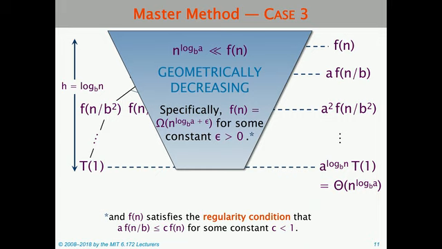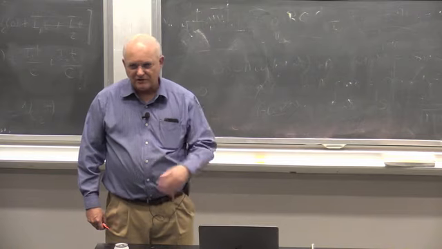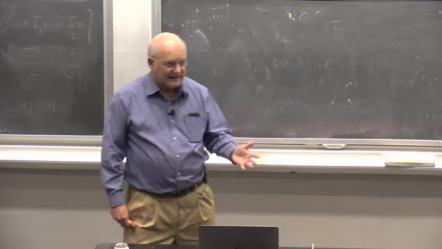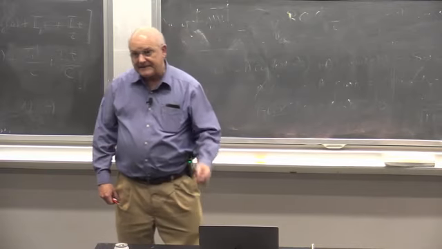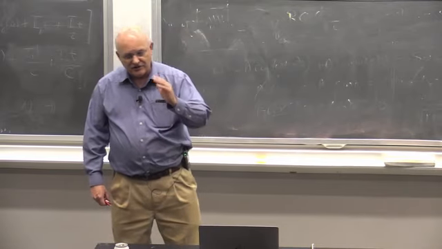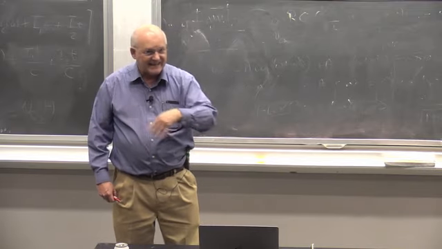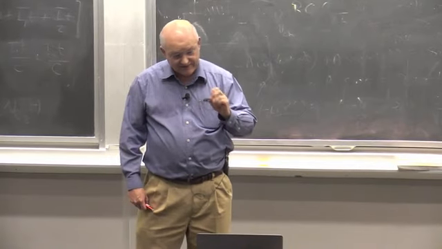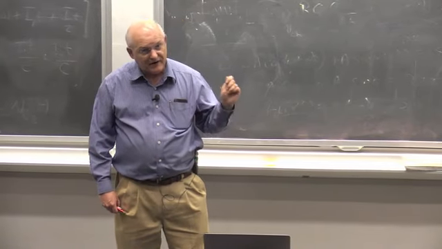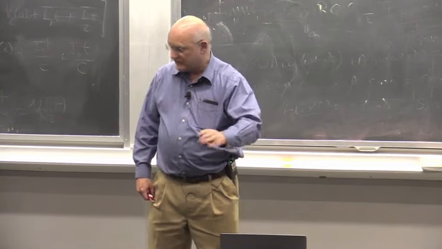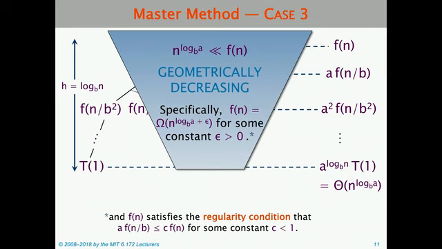This is a condition that's satisfied by all the functions we're going to look at, polynomials and polynomials times logarithms and things of that nature. It's not satisfied for weird functions like sines and cosines. It's also not, more relevantly, satisfied if you have things like exponentials. But for all the things we're going to look at, that's the case.